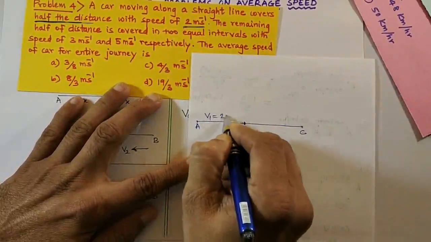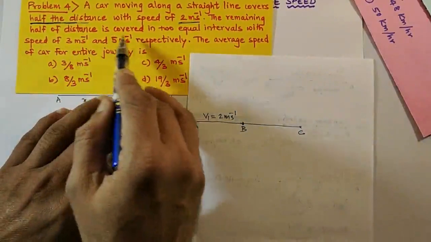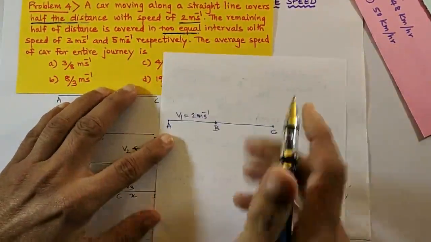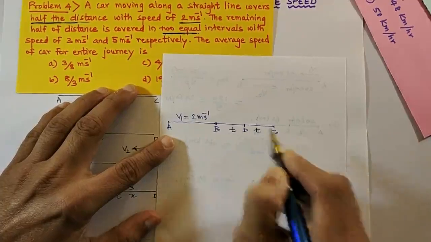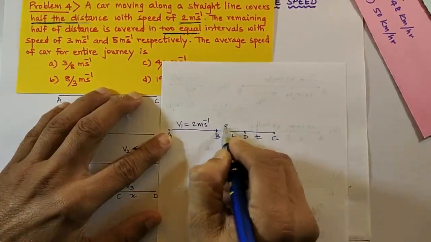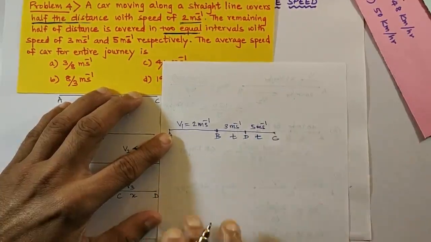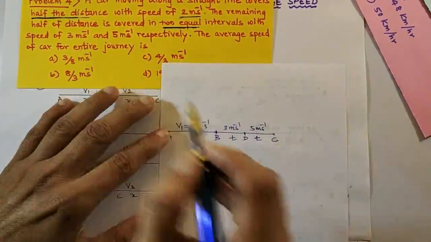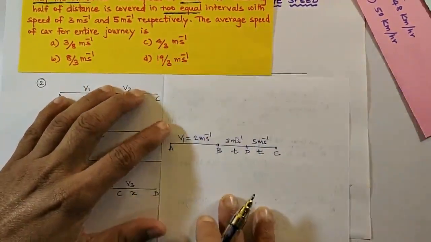So V1 is 2 meters per second. The remaining half is covered in 2 equal intervals, he says. So 2 equal intervals means from B to D time taken is T, D to C time taken is T. With speed of 3 meters per second here, and 5 meters per second here. You are required to find the average speed for entire journey, that is from A to C.